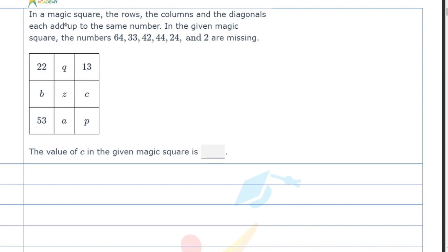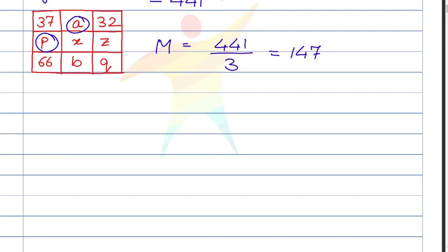So this is the next level of question. You may try to solve this question yourself. Pause my video and check the answer after your attempt. By using the concept of magic number in row 1, you can find the value of A. Similarly, by using the concept of magic square in column 1, you can find the value of P. But we will not do it like that.